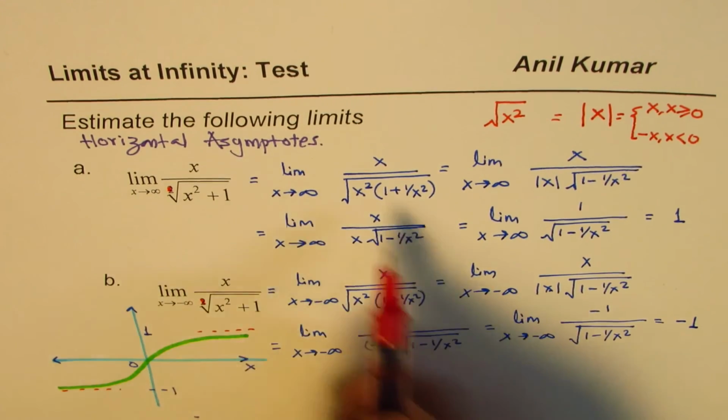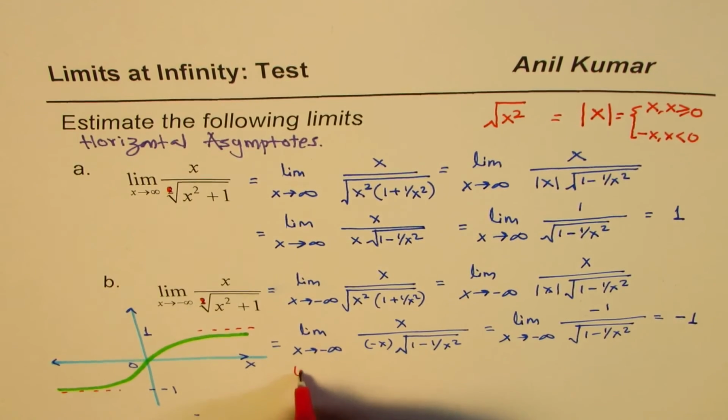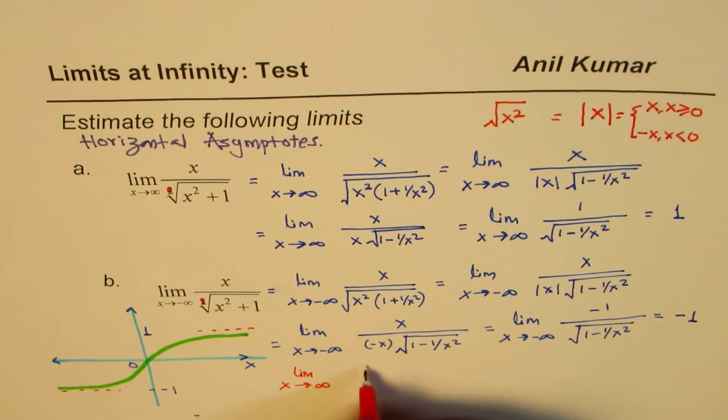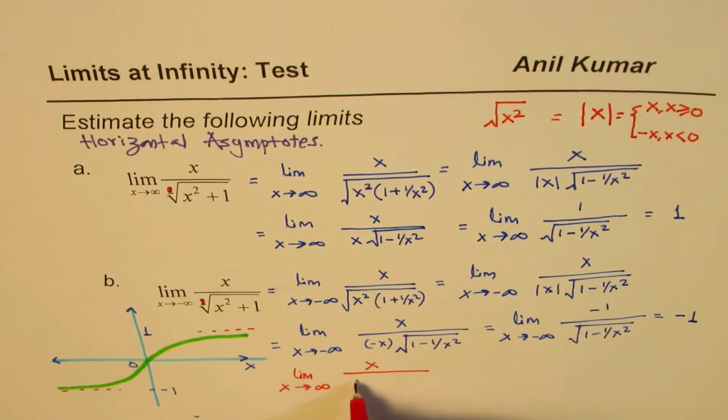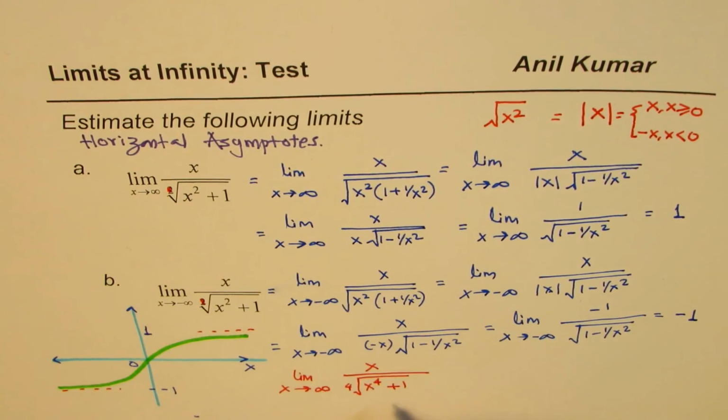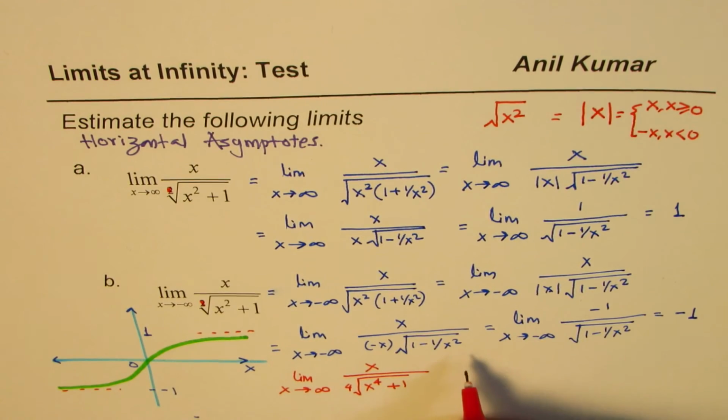Now if I change this question to limit x approaches positive infinity, and we're just changing this question to fourth root, let's say fourth root of x to the power of 4, whatever, right? Let's say like this. Then same steps will be followed and you can get similar answer.